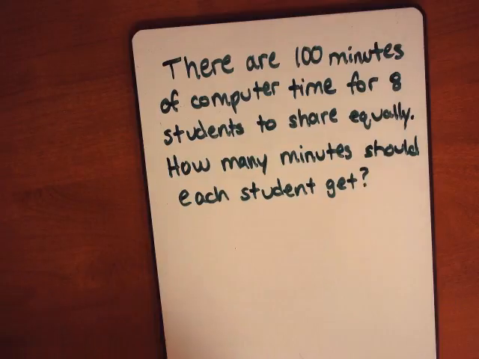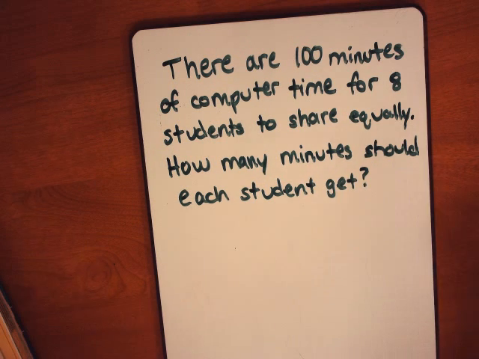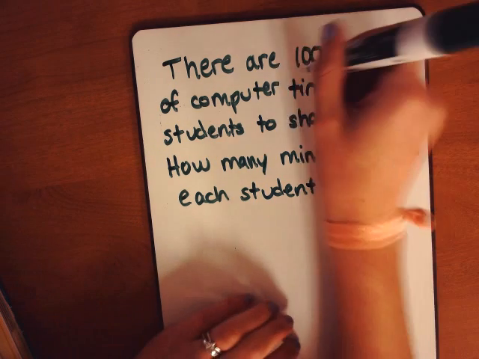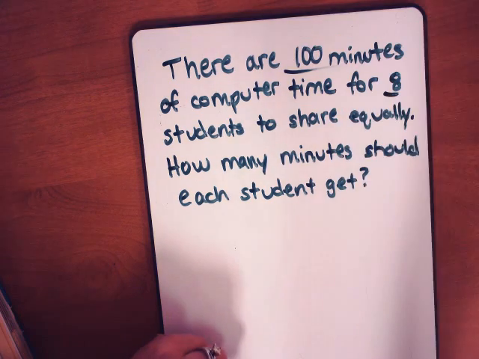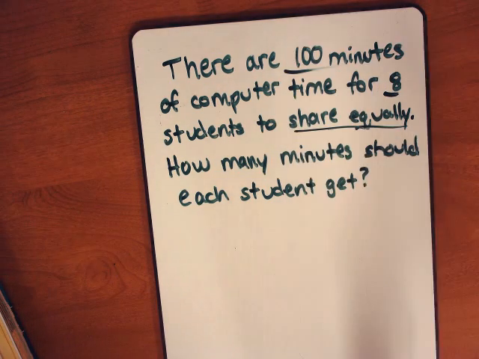And we're going to draw a graphical representation to model what's actually going on here. First thing when you do a story problem is you need to make sense of the problem. So we've got 100 minutes of computer time for 8 students equally to share. So as we see that, we know that we're going to be doing a division.